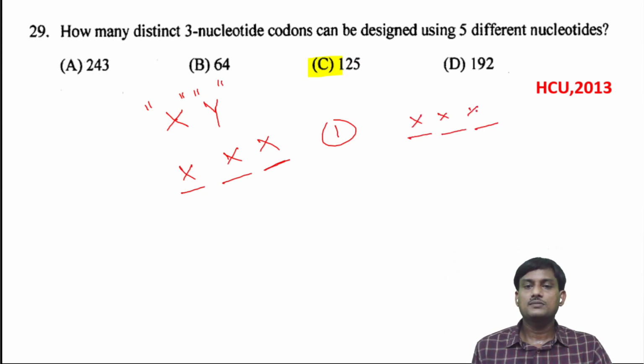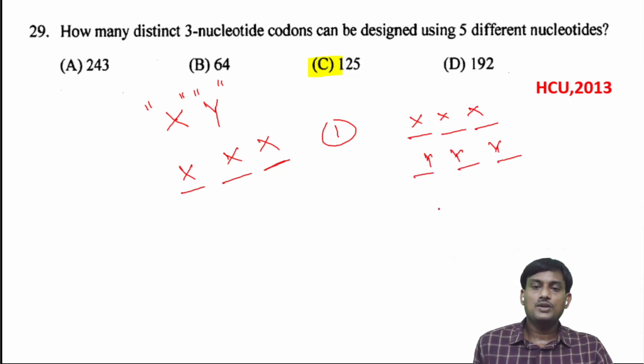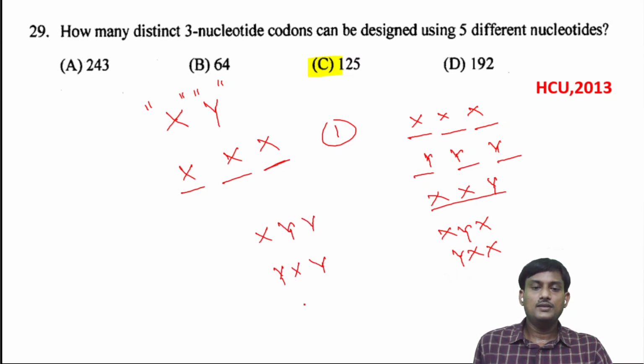All may be X, or all may be Y, or 2 are X and one is Y: X, Y, X; Y, X, X; X, X, Y. Or 2 are Y and one is X: X, Y, Y; Y, X, Y; Y, Y, X. So 8 are possible.